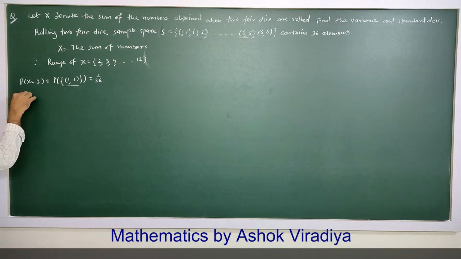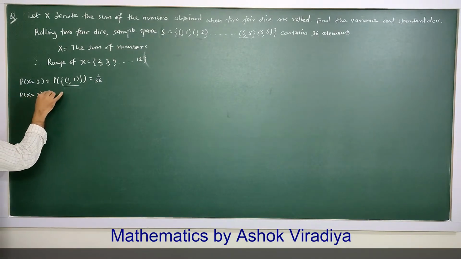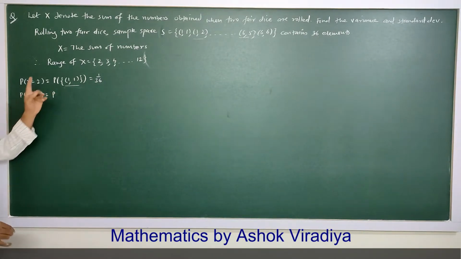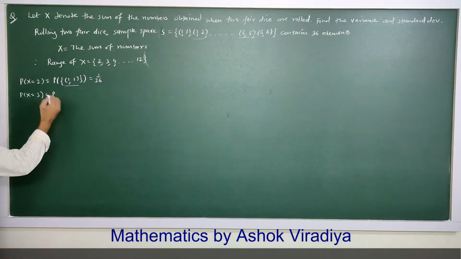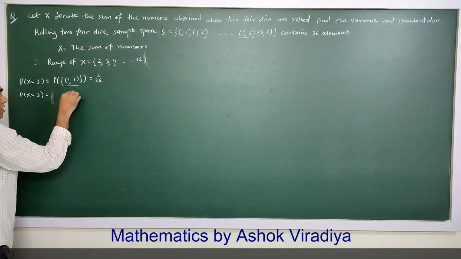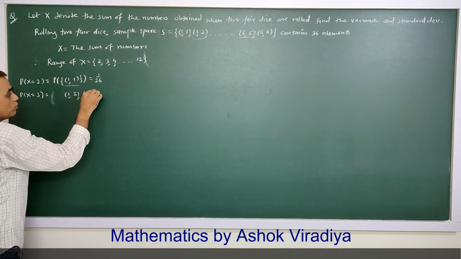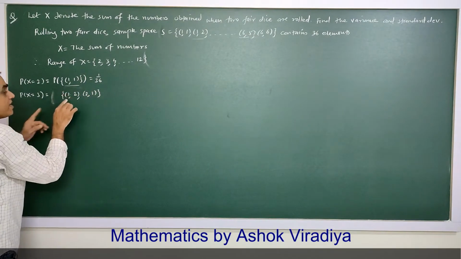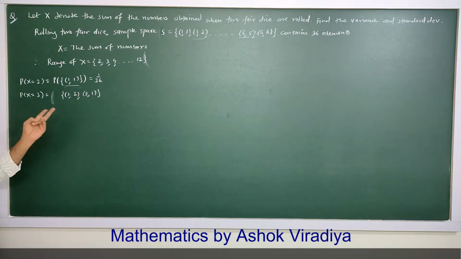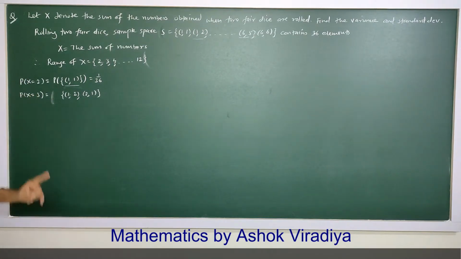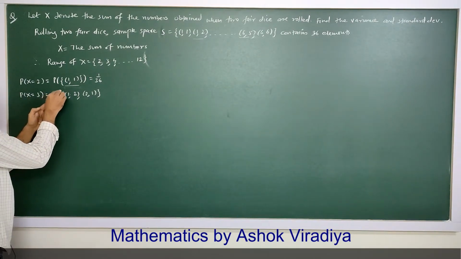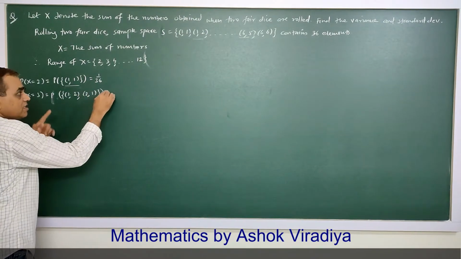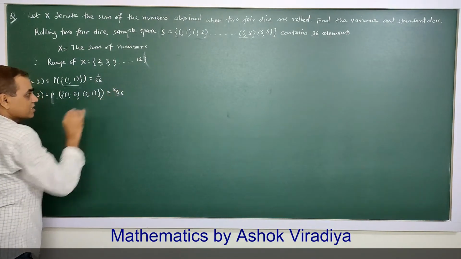P of x equal to 3: when the sum of numbers is 3, if 1 2 or 2 1 occurs, then the sum of numbers is 3. So the probability that x takes value 3 is the probability of this event. So it is 2 by 36.